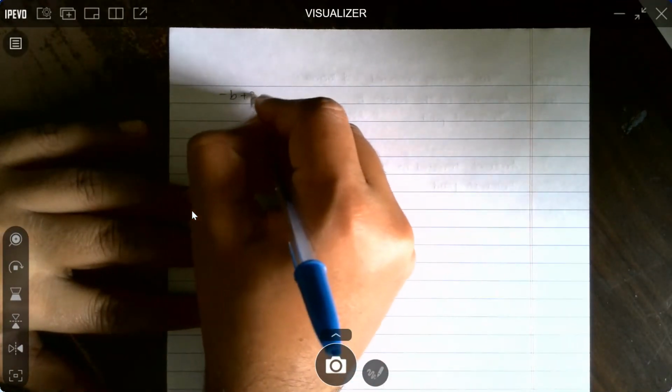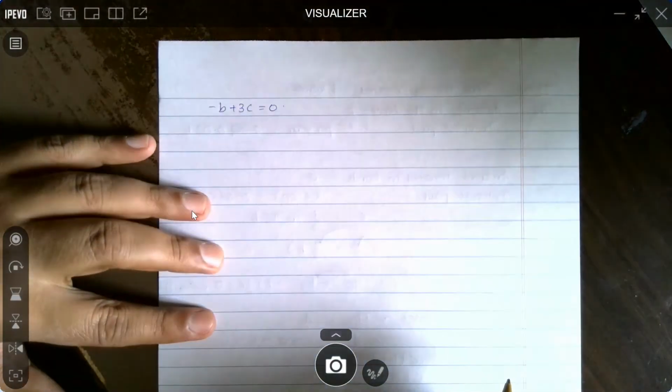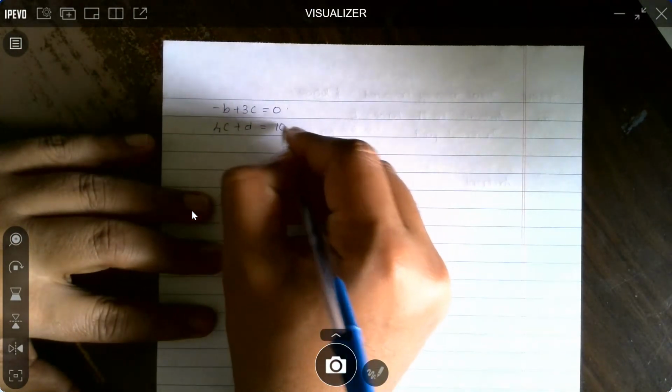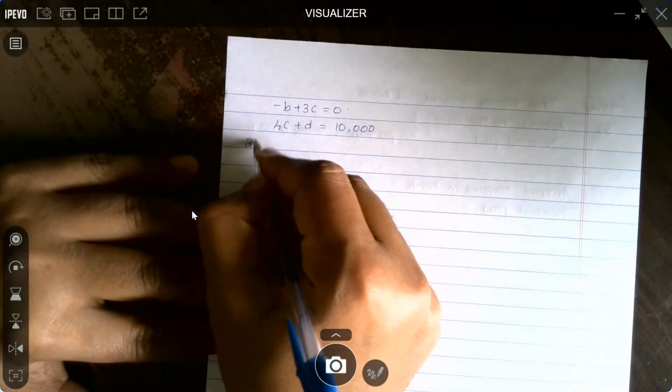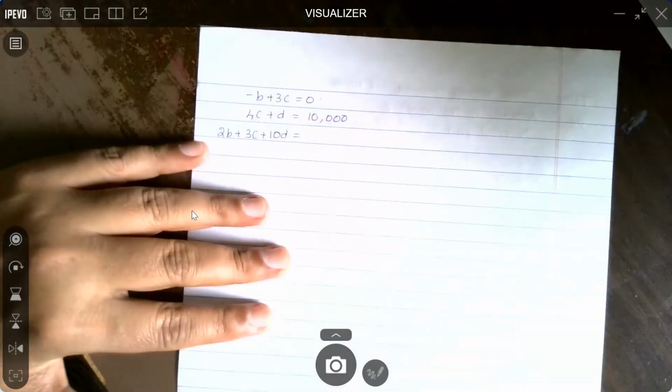Negative B plus 3C equals 0. 4C plus D is 10,000. The other one is 2B plus 3C plus 10D equals 84,500.